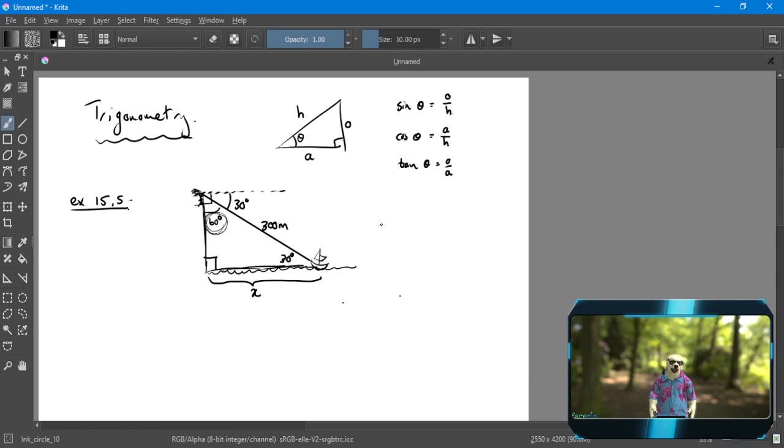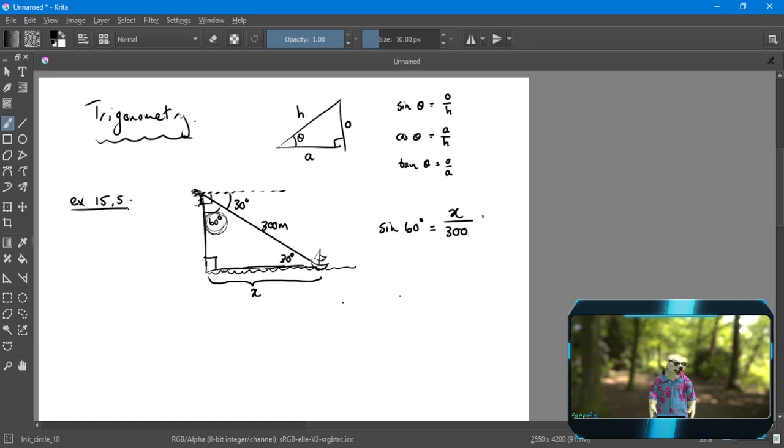So for that, I'm going to use the sine of 60 degrees, because I have to have the opposite side in there, and I have the hypotenuse. I don't have anything about the height of the cliff.